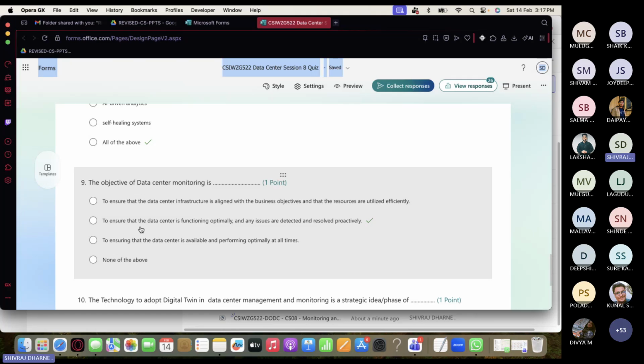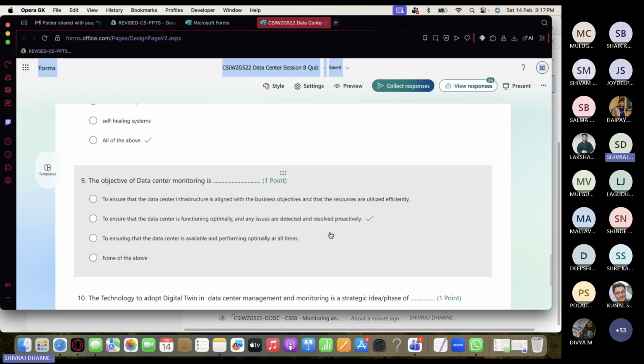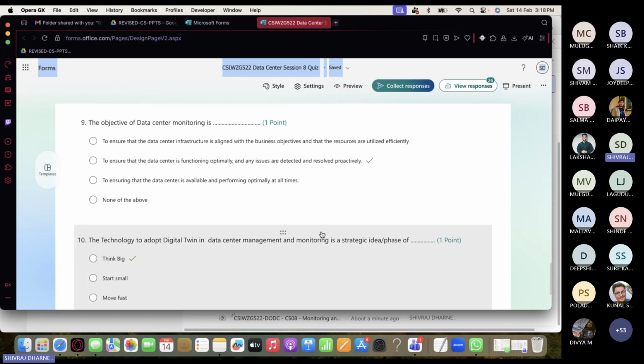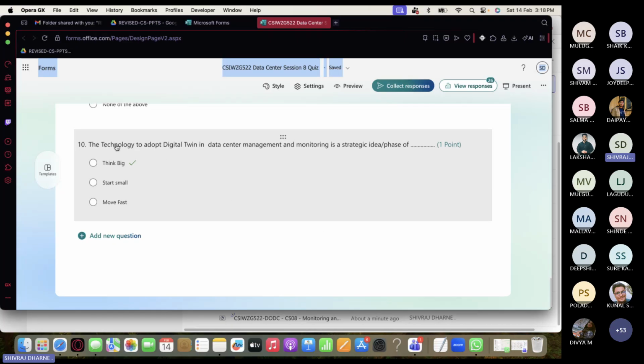It is to ensure that the data center is functioning optimally, and any issues are detected and resolved proactively. So that is the data center monitoring thing, right? And the last question: the technology to adopt digital twin in data center management and monitoring is a strategic idea of the phase of think big. Okay, so I hope you answered it correctly.